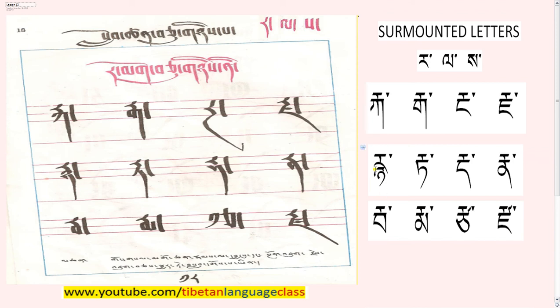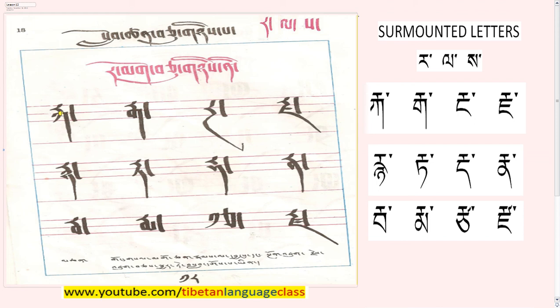For the letter Nya, when you surmount it, you actually write the whole Ra. One reason is that this one has a rounded head, unlike all the other letters. Maybe to maintain uniformity, they write the whole Ra instead of just the T-like character at the top. That's the only difference.